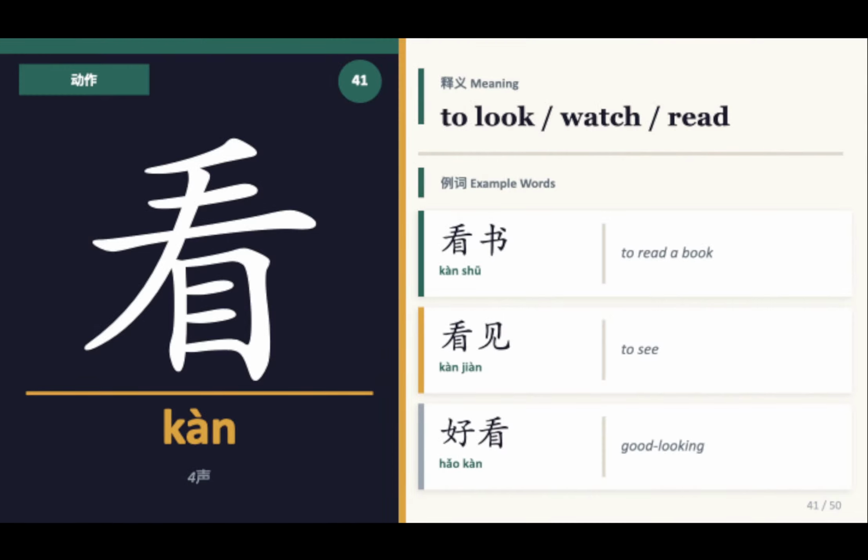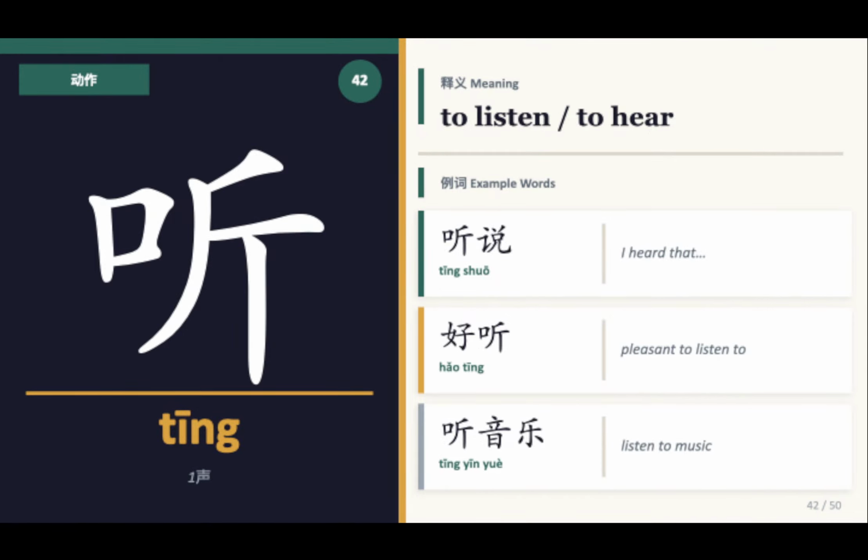And the next one, 听, another sense. 听是什么？听是 listen. 听说, I heard that. Oh, just now we had this word 好看, good looking, 好听 is pleasant to listen to. 听音乐, listen to music.